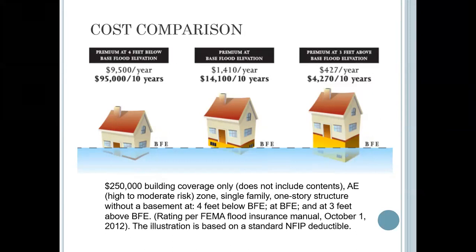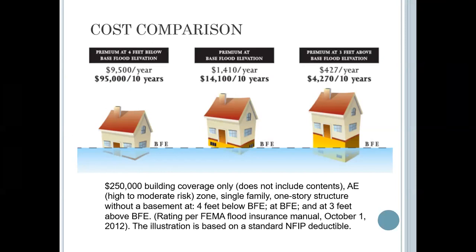The actuarial rate for that in this example is $9,500. So you can see for every foot we go down, we're going to increase that premium because of the risk for that structure. If it were built to the base flood elevation, you're looking at $1,400 a year.